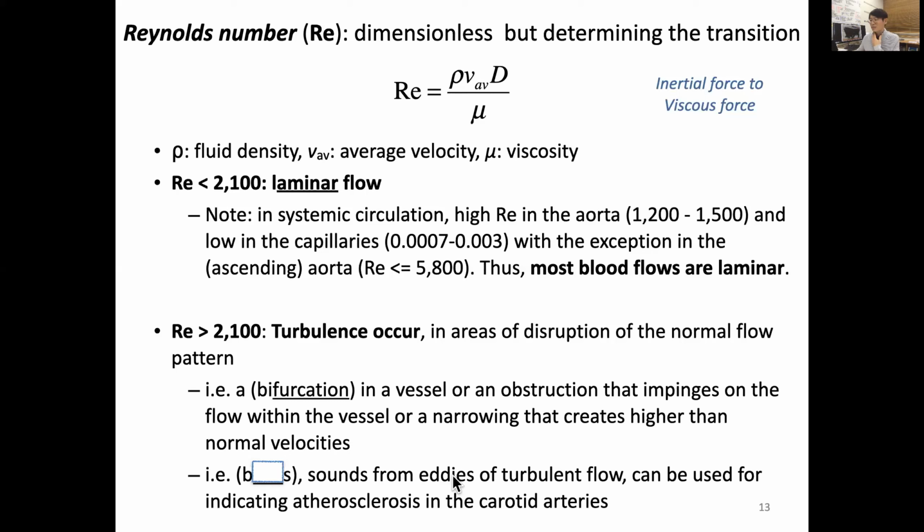This sound from eddies of turbulent flow can be listened to by the doctor with a stethoscope, and we call that a bruit sound. It's like shh, shh, shh. Then the doctor can notice, hey, you have some problem here. We may need medical treatment or medical attention. So sometimes this turbulence-induced sound is used in our medical diagnosis.